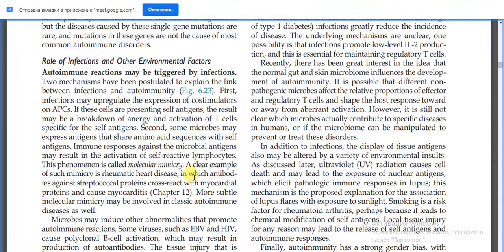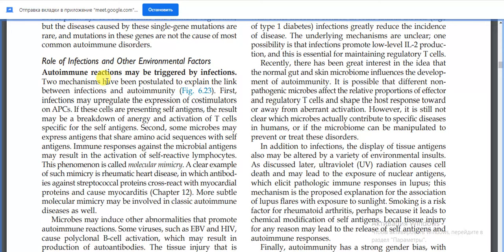Then there are infections and other environmental factors. For example, some infections cause cross-reactions in our body, caused by molecular mimicry.